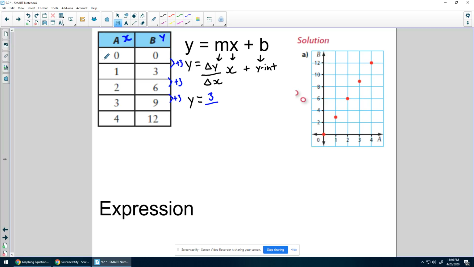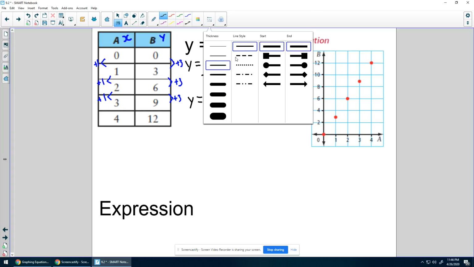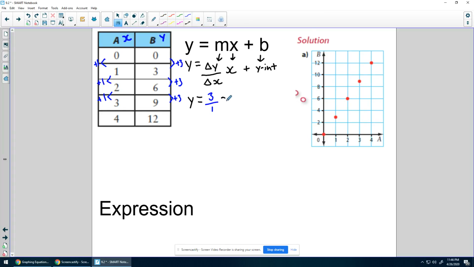Change in x, going up by 1. And then we can write the rest of our equation. Our y-intercept, that means when x is 0, what is y? 0.